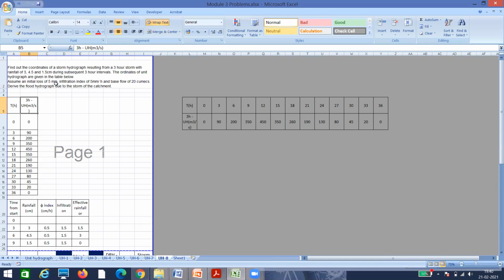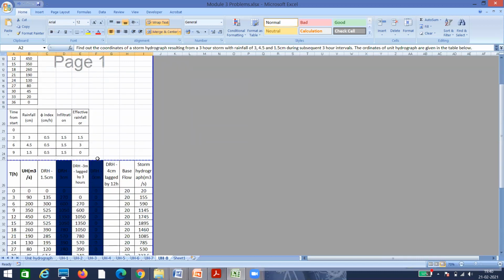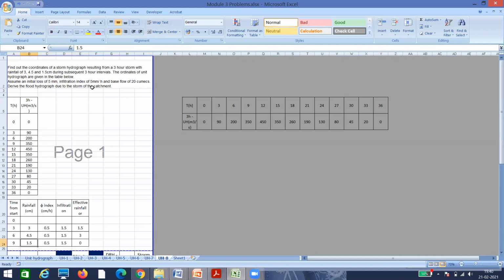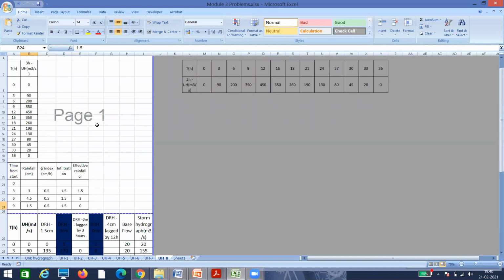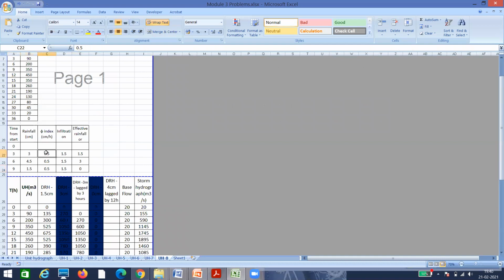Now assume an initial loss of 5 mm. Before I go for 5 mm, I'll deduct the infiltration index and then calculate. So for 0 to 3, it is 3 centimeters; this is not cumulative. From 3 to 6, it is 4.5, and 6 to 9, it is 1.5. Now the infiltration index is 5 mm per hour, so that is 0.5 centimeter per hour.